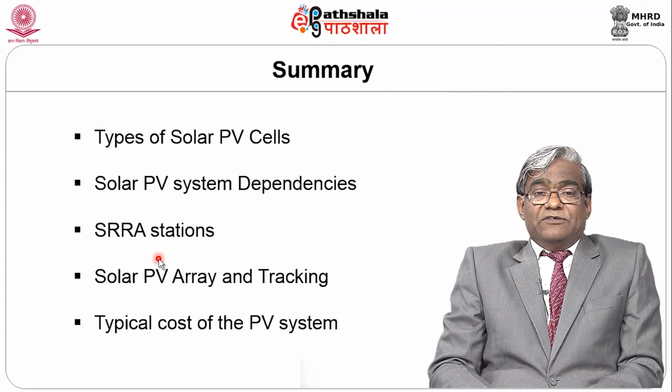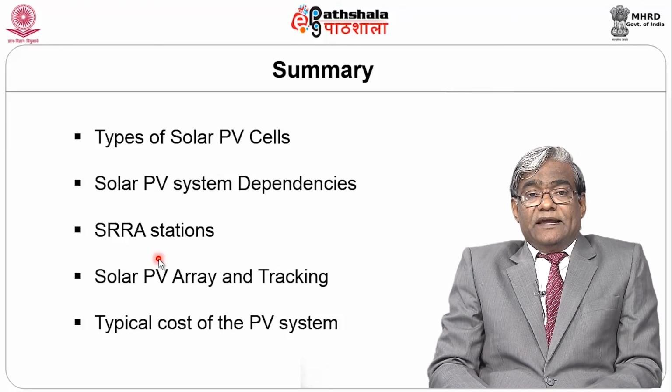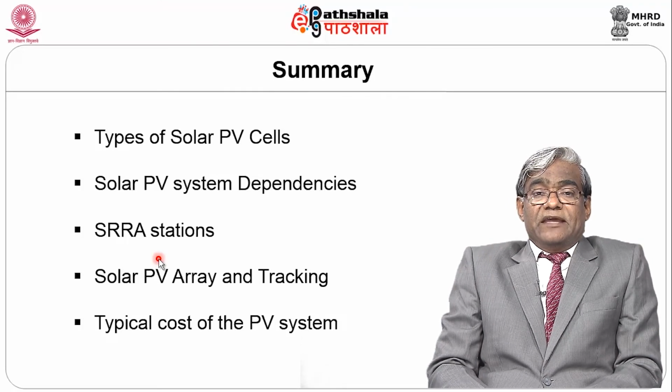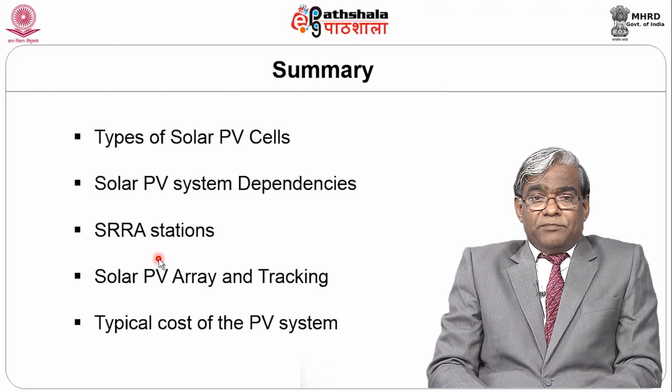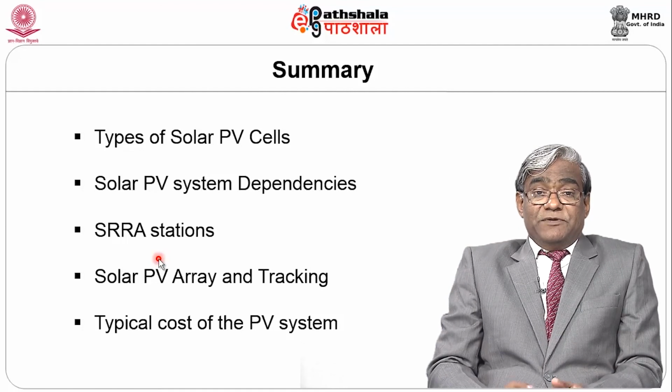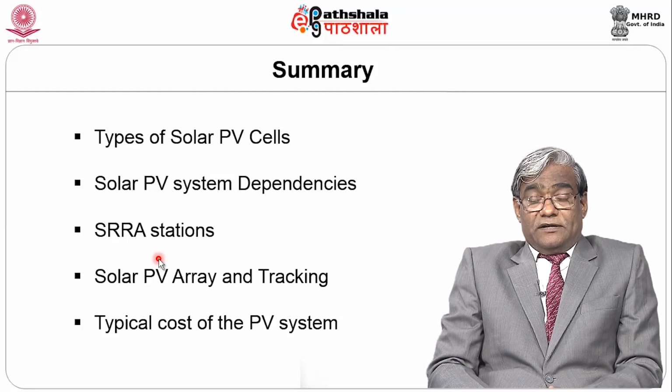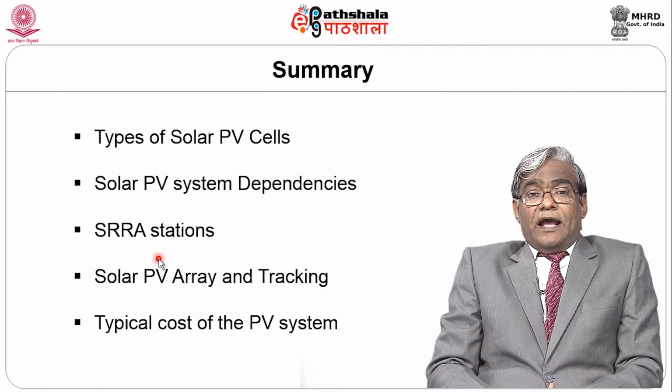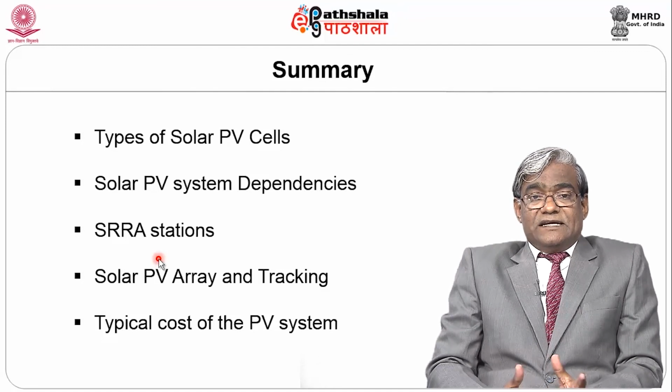About 10 years back it was 200 rupees per watt, then 5 years ago it became 100 rupees per watt, and a couple of years before it was 50 rupees per watt. Now it is 20 rupees per watt, and for a good European PV cell, it is again 50 rupees per watt.